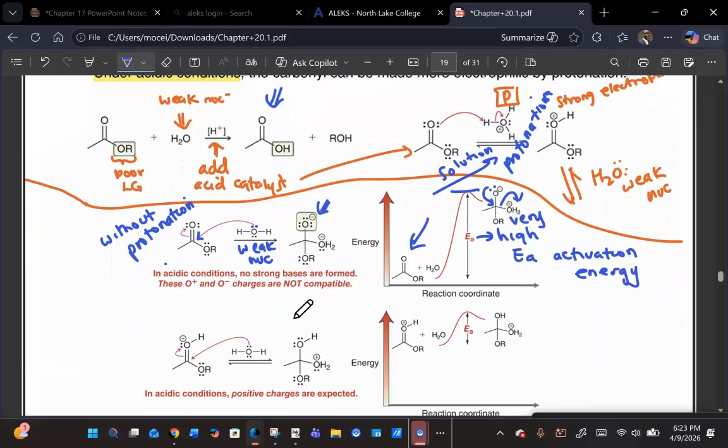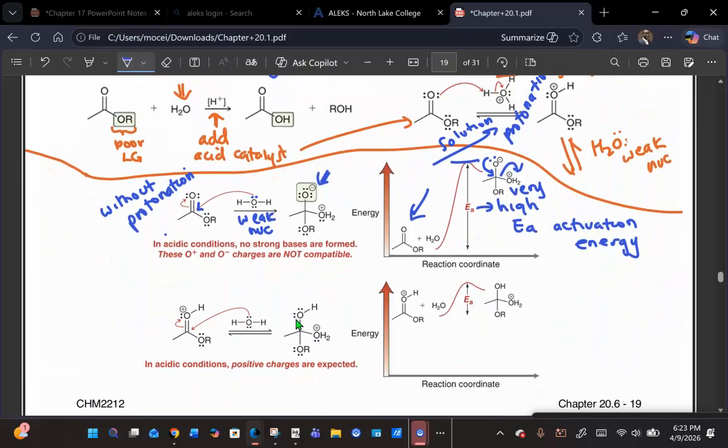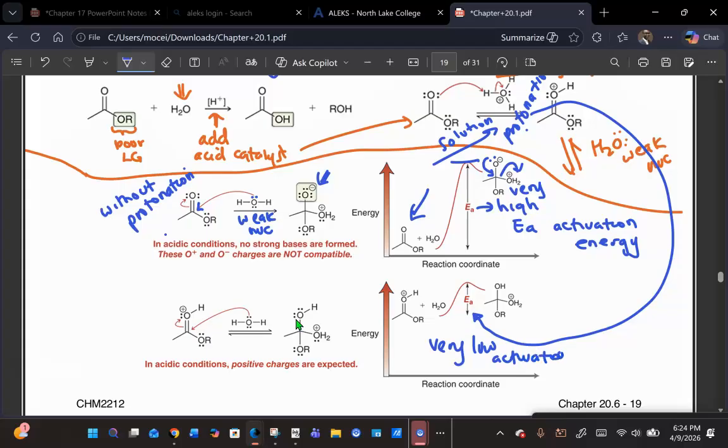Now see what happens after protonation. This one's after protonation, the second one. So what happens? Very low activation energy. So if you start with a protonated ester, the activation energy is lower.